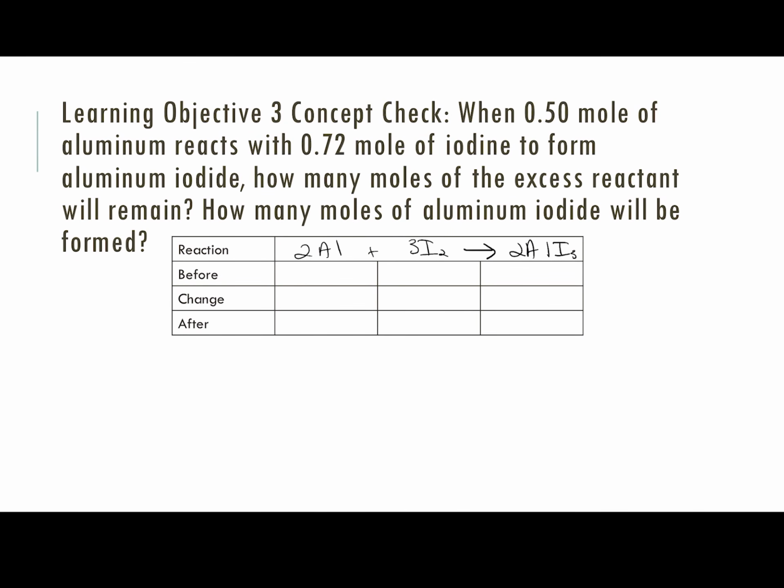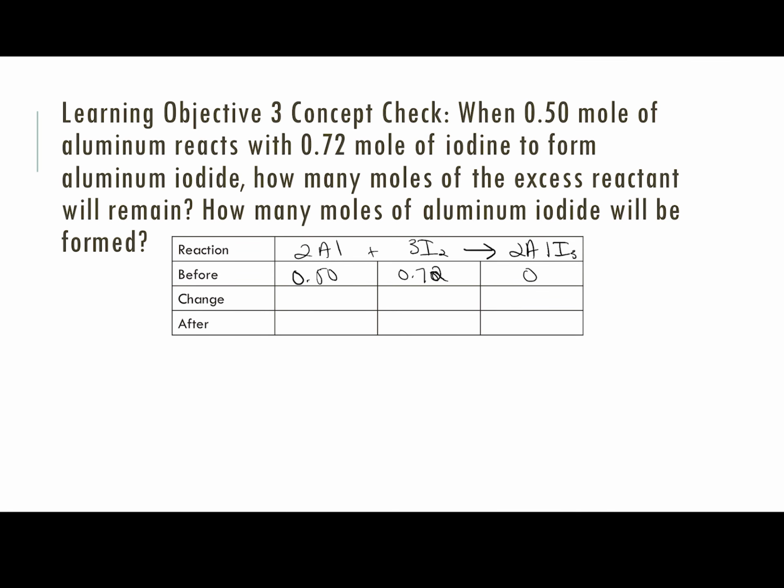When we start out, we have 0.50 moles of aluminum and 0.72 moles of iodine and 0 moles of aluminum iodide. So here we're just going to guess which one of these is used up first. So I'm going to assume aluminum is my limiting reagent, and let's see what happens.